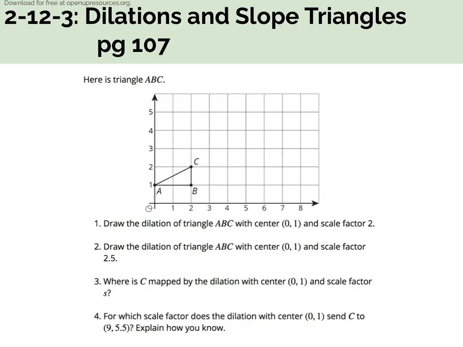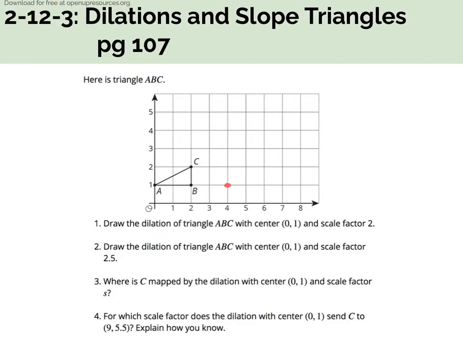All right, let's go over and see how you did compared to where it actually needs to be. So if we look at it, A to B is 2 steps. And so we're doing a scale factor of 2. So we have 2, and then I need to do another set of 2. So then 1, 2.